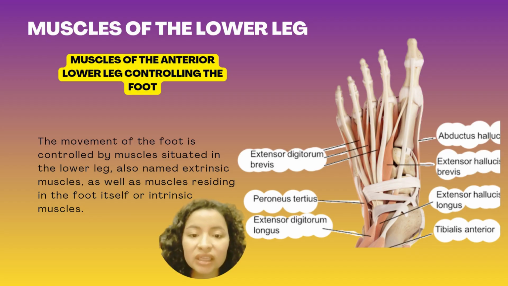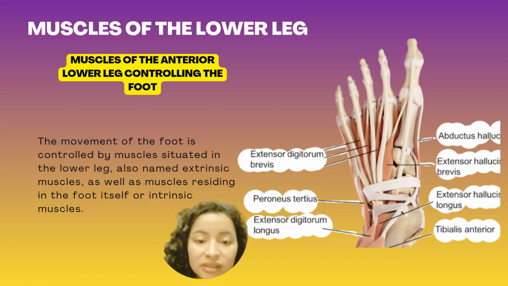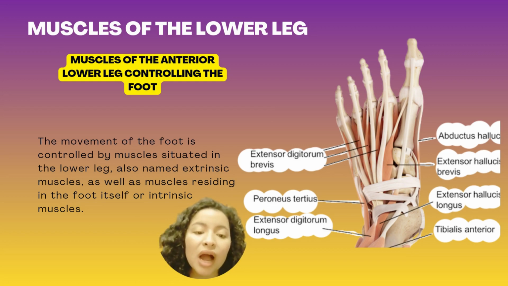The anterior part of the lower leg, the shin, comprises the following muscles: tibialis anterior, extensor digitorum longus, extensor hallucis longus, and peroneus tertius. These muscles dorsiflex the foot and toes upward.